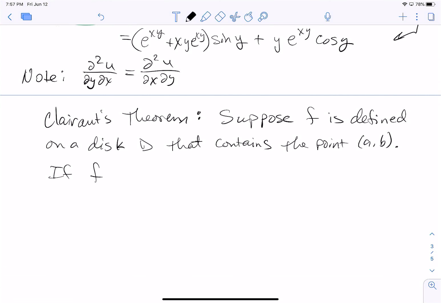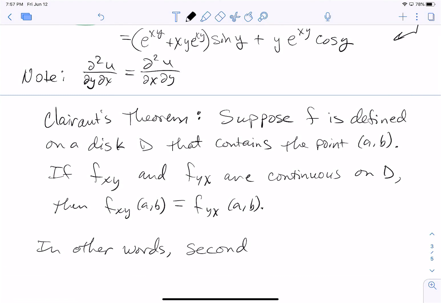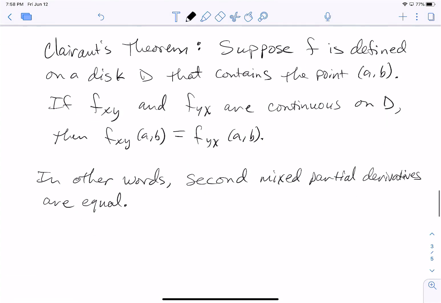If fxy and fyx are continuous on the disk D, then fxy at (a, b) will equal fyx at (a, b). In other words, second mixed partial derivatives are equal. We're not going to prove this result, but we're going to refer to it here and there.